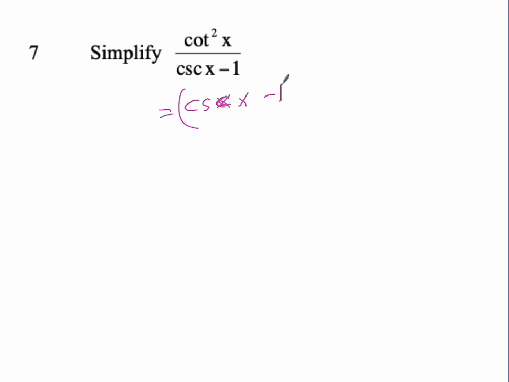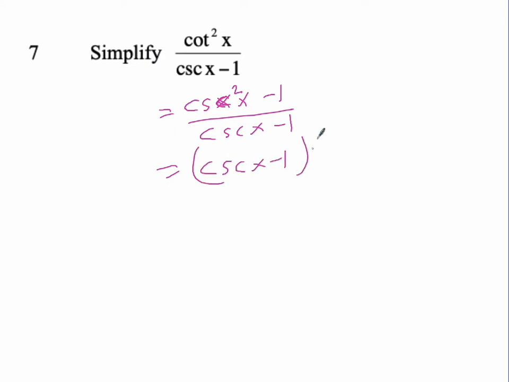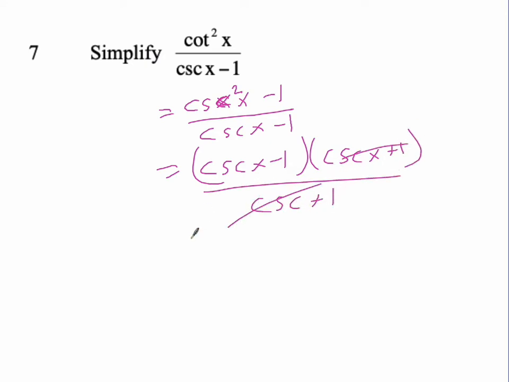So that's cosecant x squared minus 1 over cosecant x minus 1. So again, you can factorize the numerator. And this cancels, and you get just cosecant x plus 1.